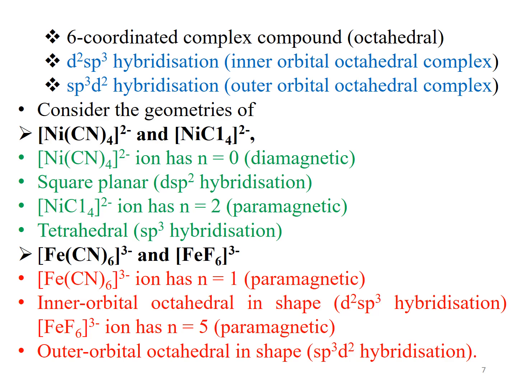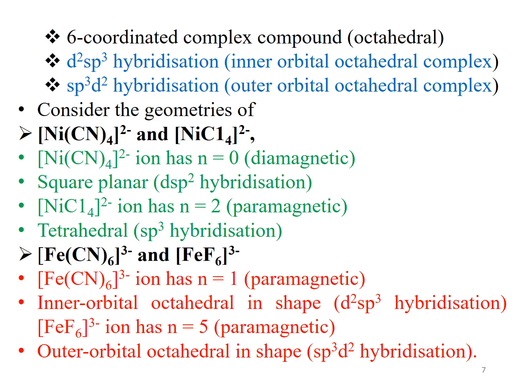This point would be clear when we consider the geometries of tetracyanonickelate, tetrachloronickelate, hexacyanoferrate, and hexafluoroferrate. Tetracyanonickelate ion has zero unpaired electrons, and definitely it will show diamagnetism, and its geometry is square planar with dsp2 hybridization.